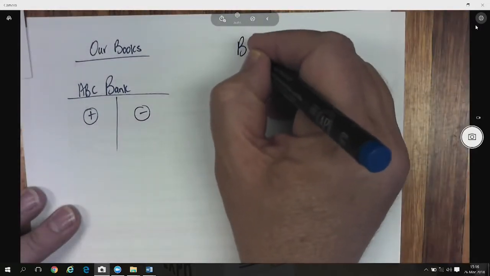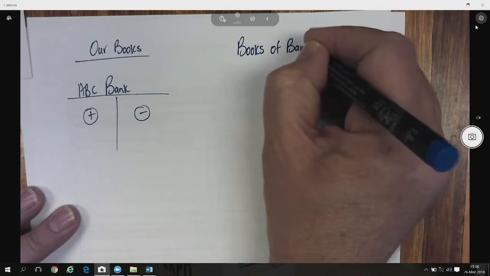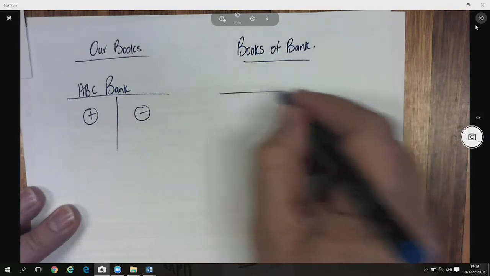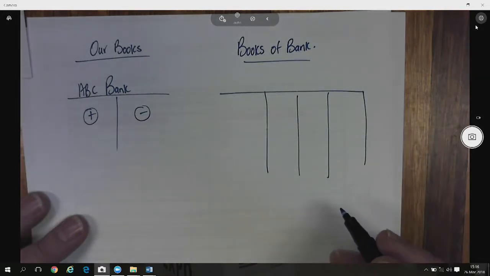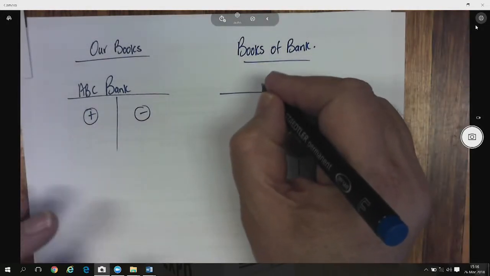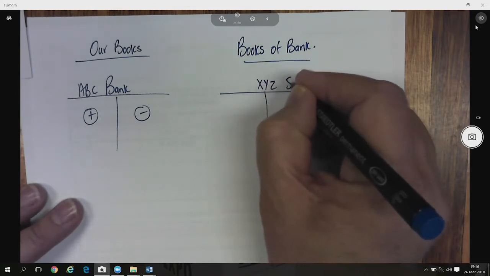In the books of the bank, there is a bank statement, and our name is there. For example, we are XYZ Suppliers.